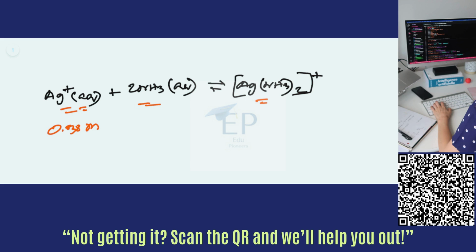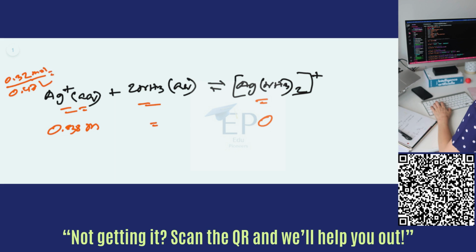The complex's initial concentration is 0. For the ammonia, we just have to divide the number of moles of ammonia, which is 0.32, by the volume of the silver nitrate solution we are dissolving it in, 0.47 liter.